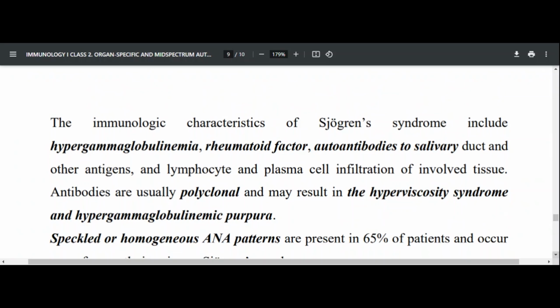Because patients with Sjogren syndrome tend to produce so many gamma globulins, we call it hypergammaglobulinemia, as well as hyperviscosity syndrome because of the accumulation of gamma globulins. Of course, those are antibodies.